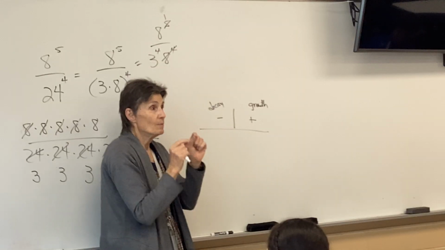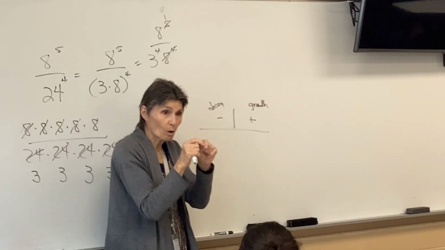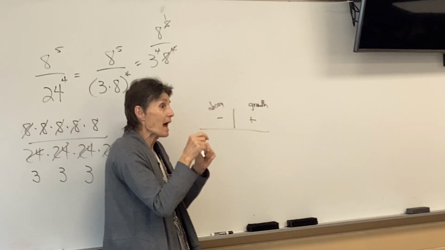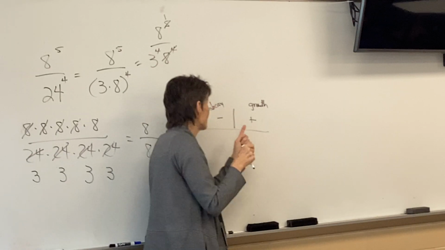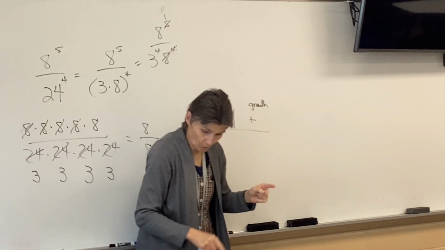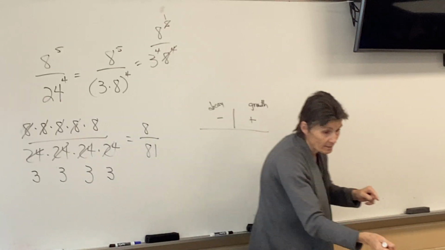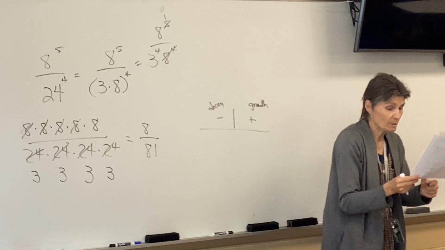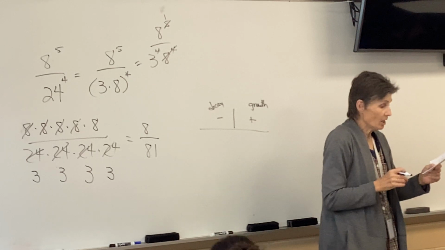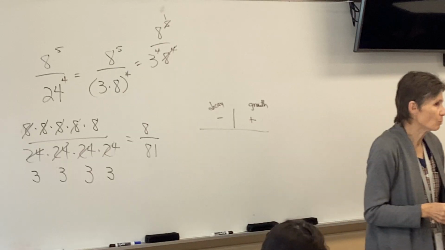Now, the percentage of growth or decay is how much you vary from 1. So in other words, 0.963 is 0.037 less than 1.